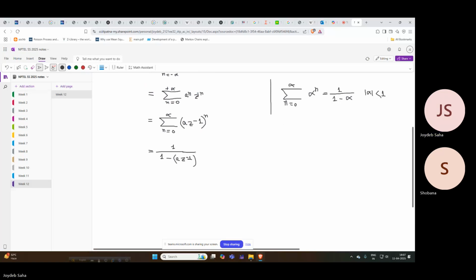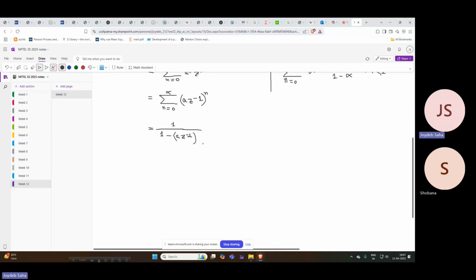No, only a z inverse, right? For mod a z inverse less than 1.